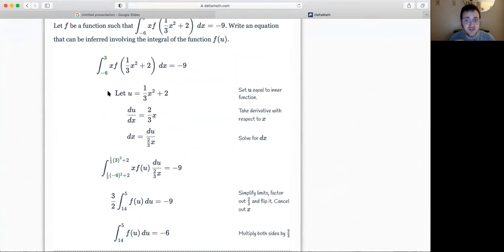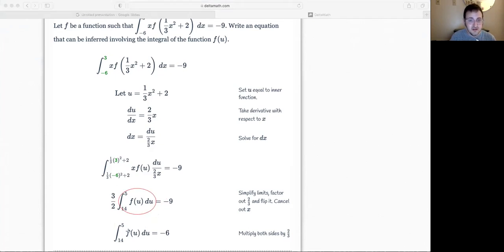To reiterate, think about limits of integration, and then think about getting that integral in terms of u, then you're good. Your goal is to get the integral from 5 to 14 all by itself. You can just circle that, that's what you want to get by itself.